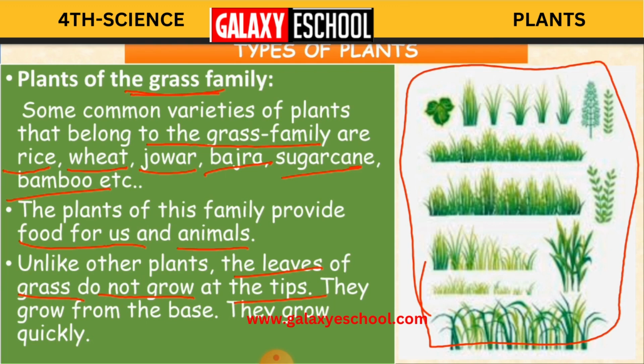But not like that. Like this, the grass plants never grow from the stems or the branches. They grow from the base. Base in the sense what, children? Here, from the ground level, from the root level. They grow from the ground level.